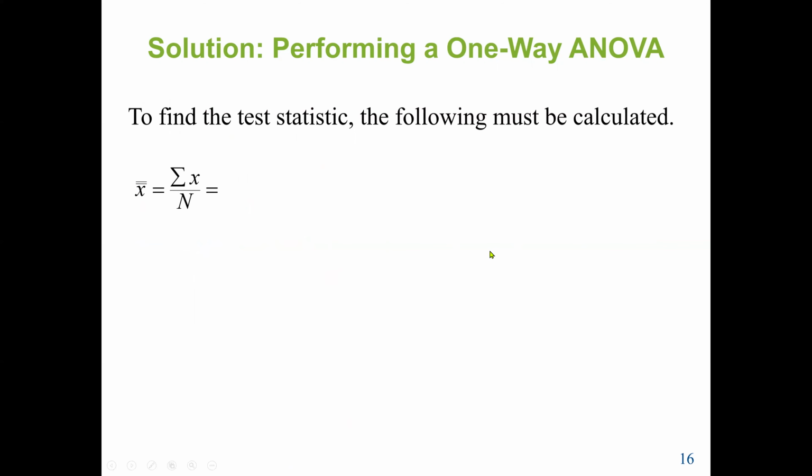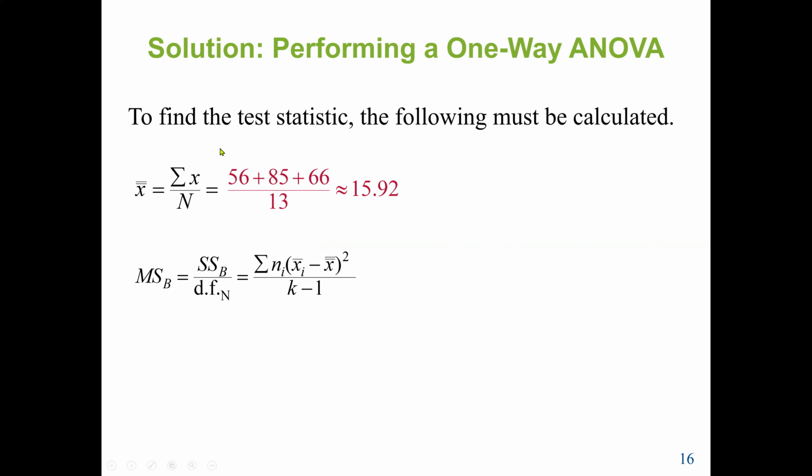To find my test statistic, we also need the mean of all the sample means. We have 3 different sample means, so we find the mean of the 3 sample means. We take all 3 values divided by the total sample size, which is 13.